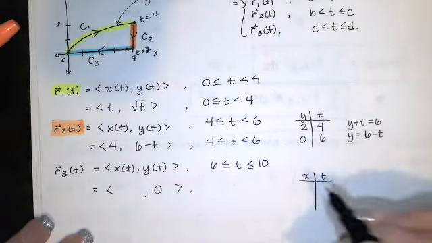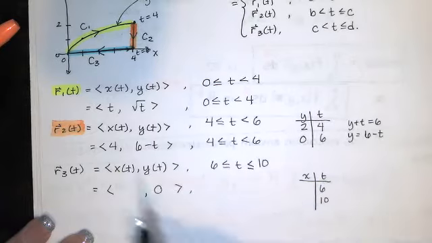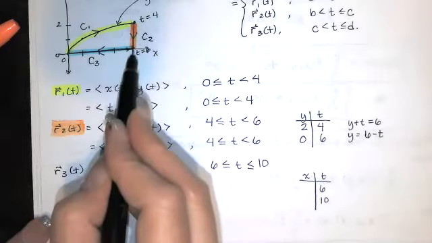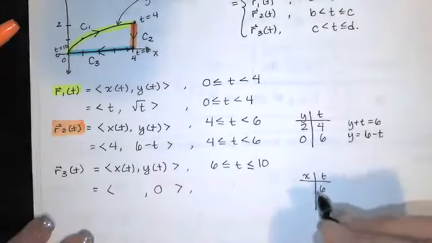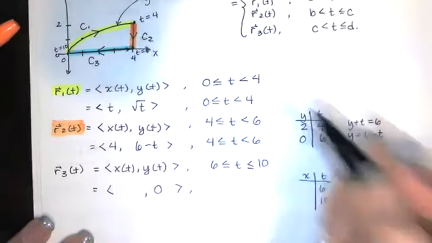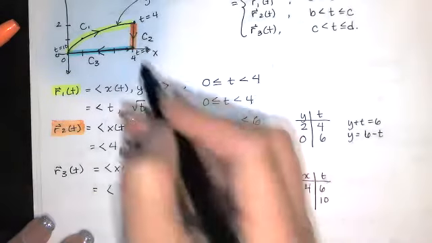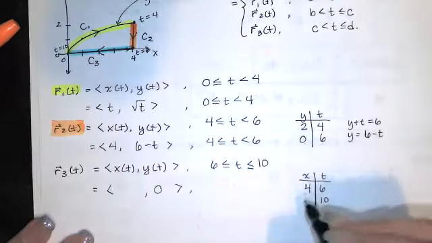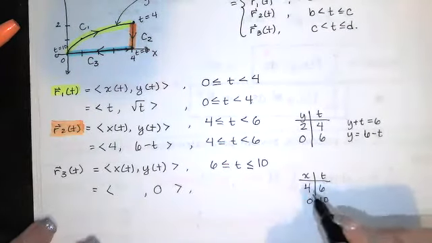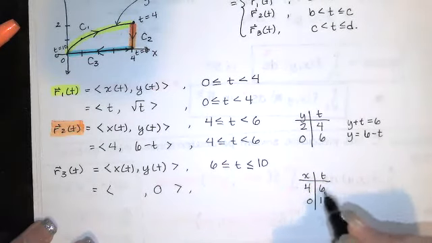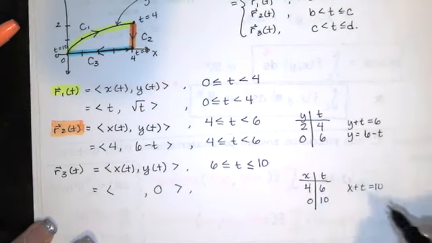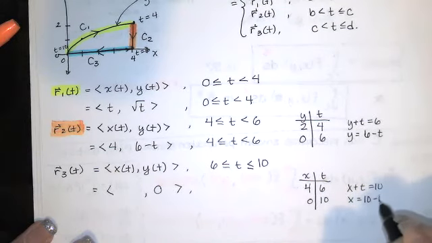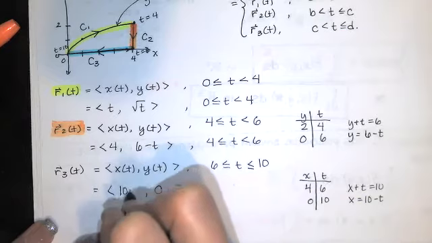As t goes from 6 to 10, I'd like x to go from 4 back to 0. So at t equals 10, we're right over here. So x starts at 4 when t equals 6 and ends at 0 when t equals 10. And then I look at this again, I say, hey, 4 plus 6 is 10, 0 plus 10 is 10, so x plus t must be 10. So x is 10 minus t.